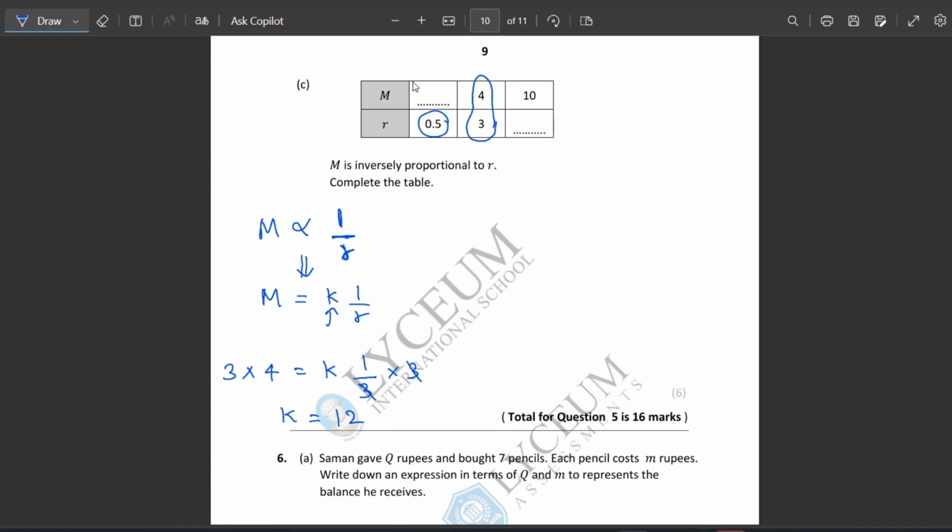So now I can find the value of m here. So m is 12 times 1 over r. Here I have to find the value of m. 12 times 1 over 0.5. So 12 times 1 over 1 over 2. So this 2 goes up. 12 times 2 is 24. The value here is 24. And for this one, m equals 10.